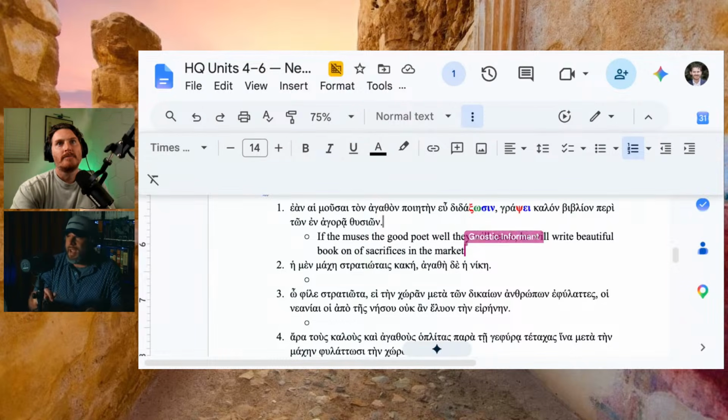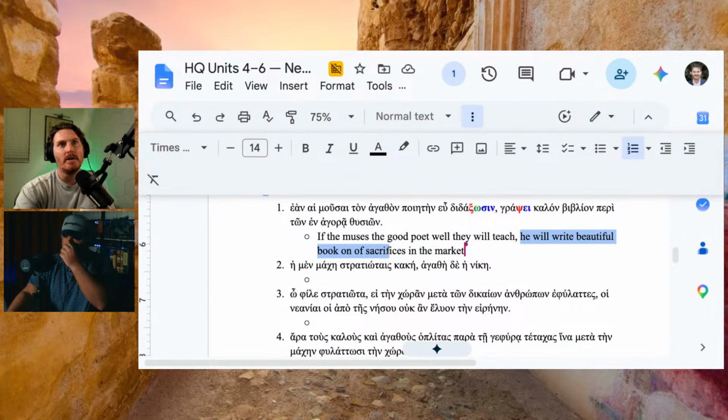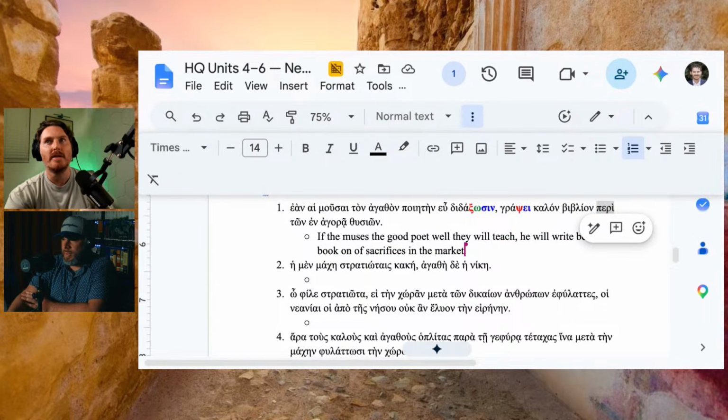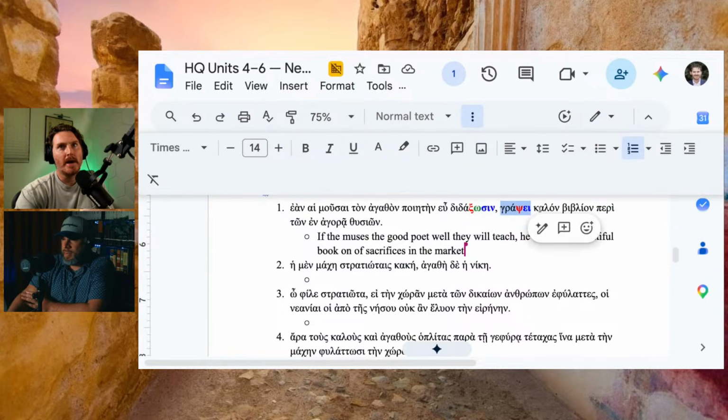One thing to double check: you have he will write a beautiful book on, of sacrifices in the market. What does peri mean in this context? On? Around? If he's going to write a good book, what comes after? A good book on.